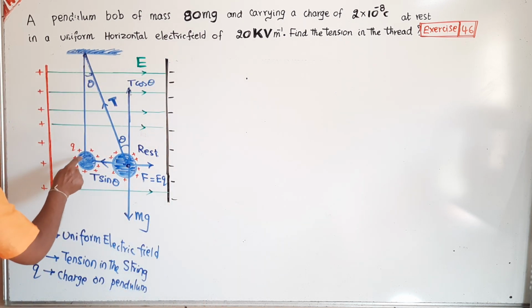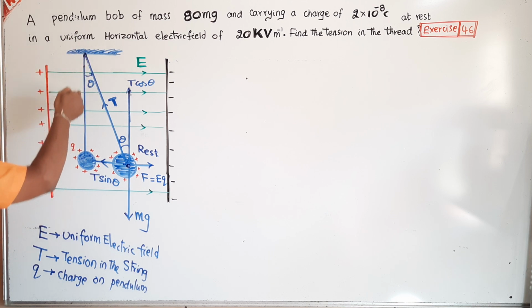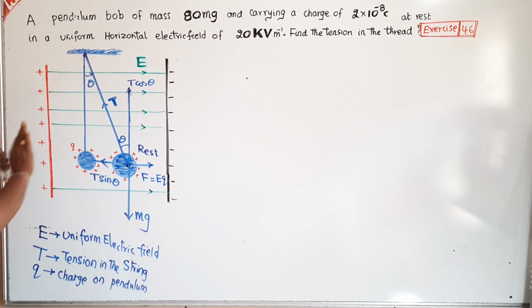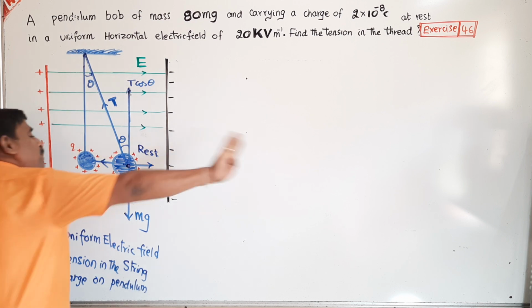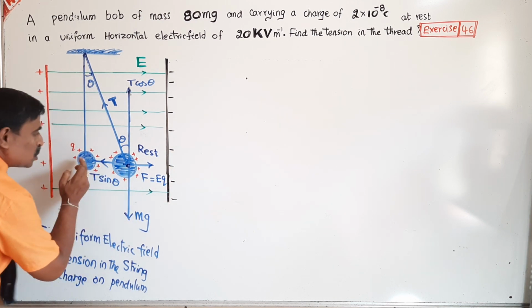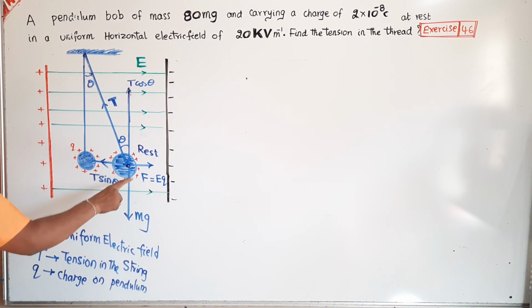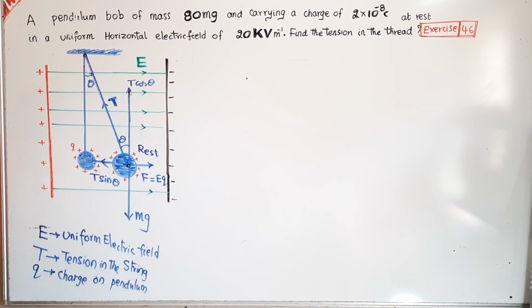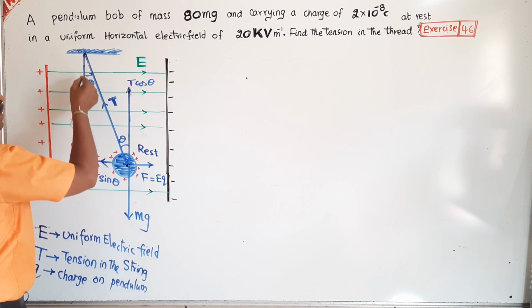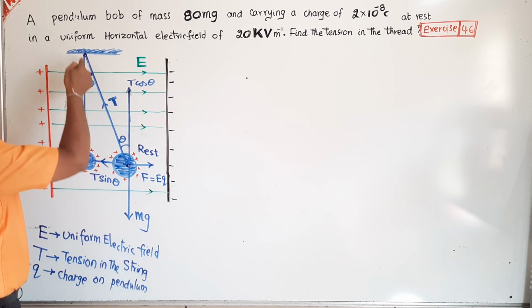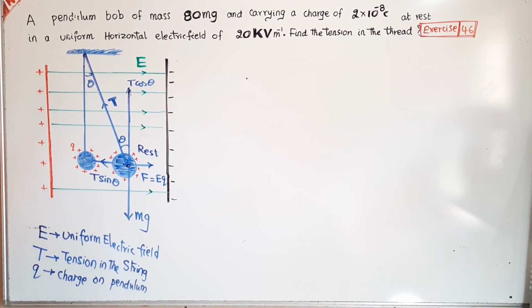Initially, the simple pendulum is in the vertical position. Due to the electric force of repulsion, F is equal to EQ, the simple pendulum moves to another position, making an angle theta with the vertical direction.